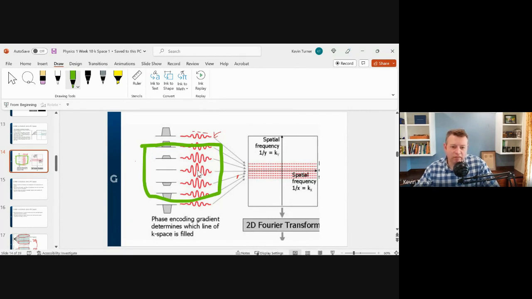So whenever we're setting our phase matrix, we are going to be using the shallowest gradients we can to create the signals with the highest amount of signal to noise ratio. I'm not going to create weaker and weaker echoes unless I need more resolution, because the outside lines of K-space give me resolution.